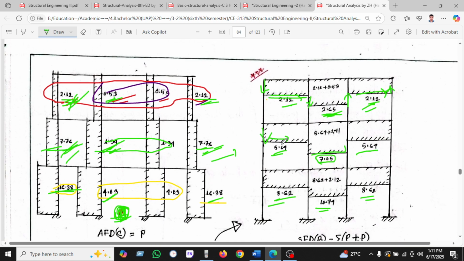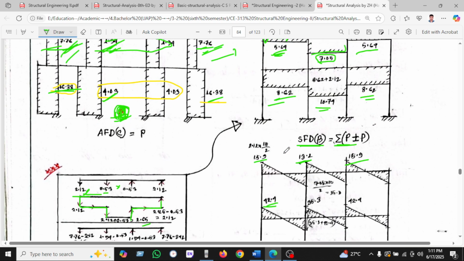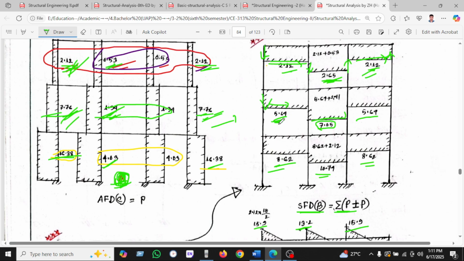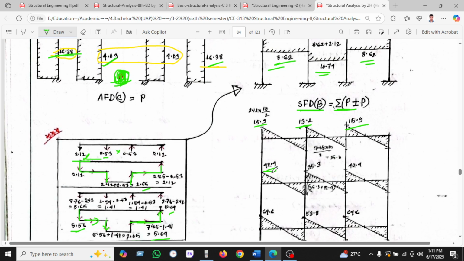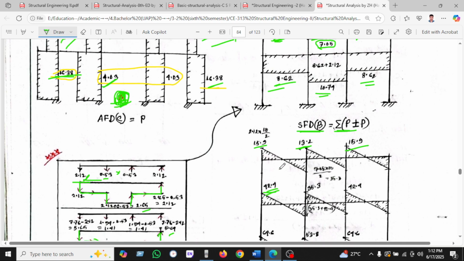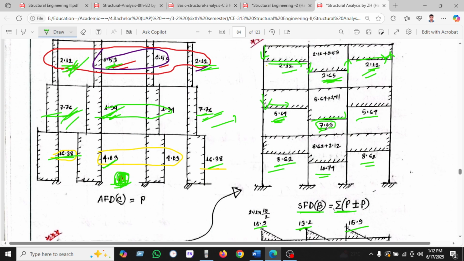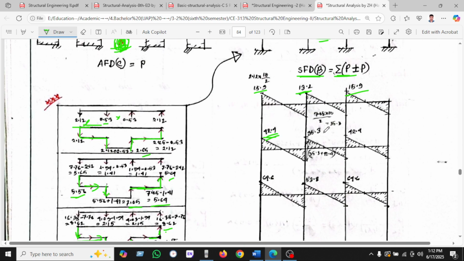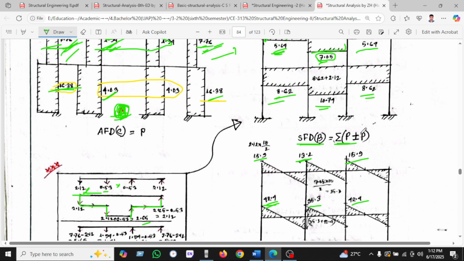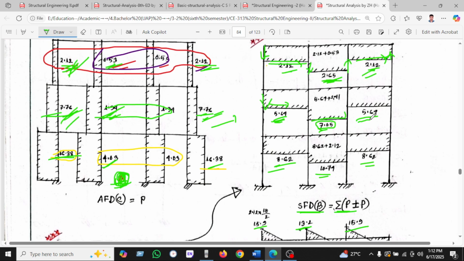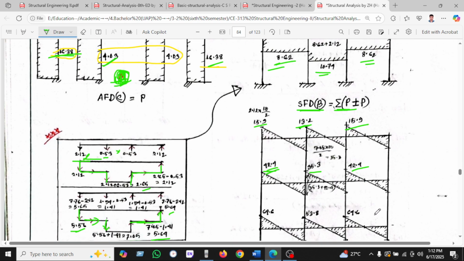This is also the same, 5.64 into 15 divided by 2, which is 42.5, and 7.05 into 10 divided by 2, which is 35.5, and the last one also remains the same, 5.64 into 15 divided by 2, which is found 42.4.